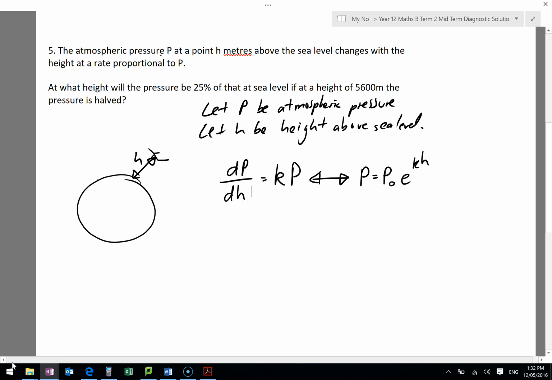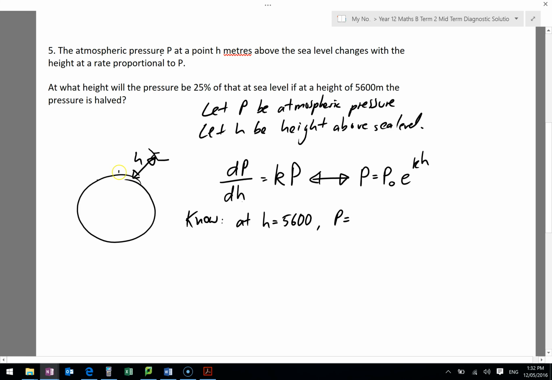So from here my task is that I need to find, so what else do I know? Before I see what I need to find, I know that at h equals 5600, the pressure is half of the initial pressure that it was at sea level.